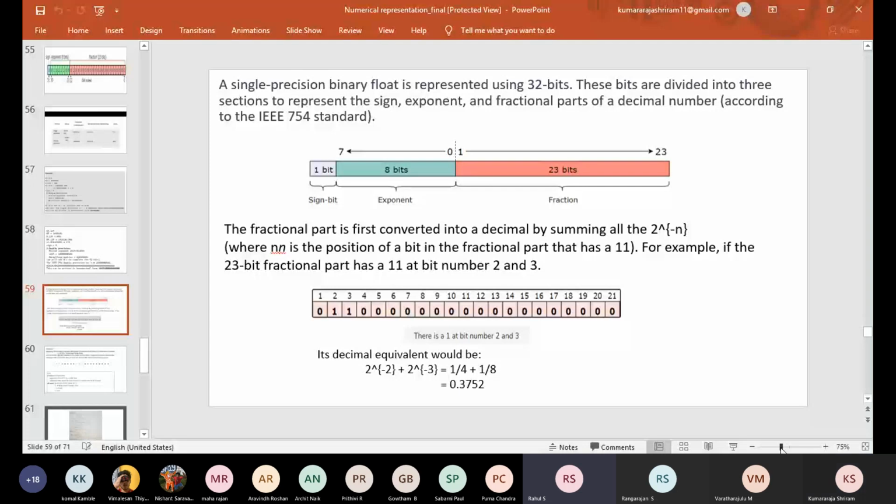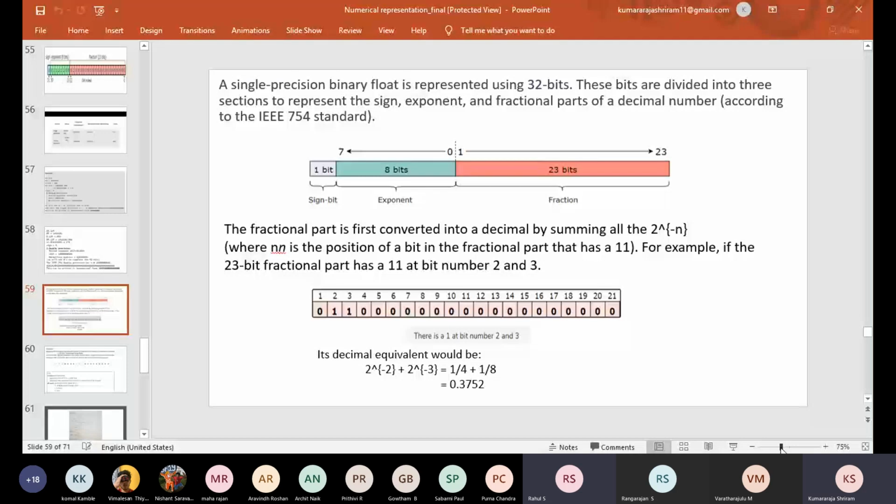The first step: the first bit is 0, which means the sign is positive, and then the exponent runs from bit 2 to around 9. Its decimal equivalent would be 2 power minus 2 plus 2 power minus 3. You should pick those positions which contain 1. So position 2 has 1 and 3 has 1, and for 4 to 9 it's 0.